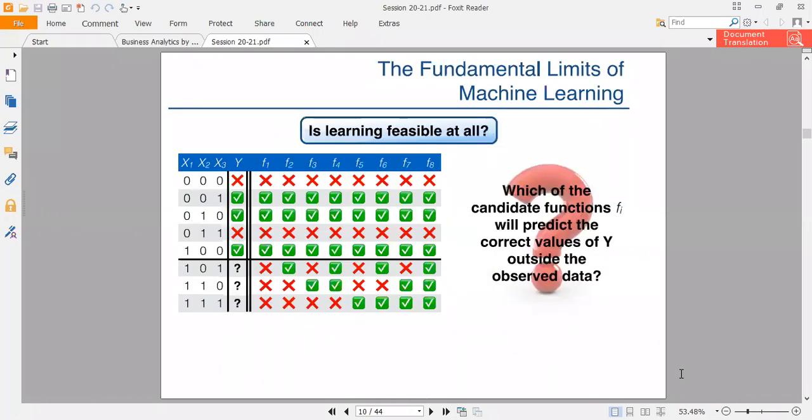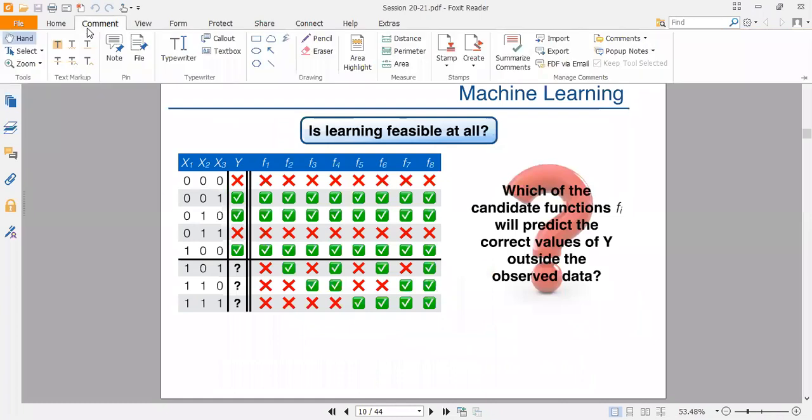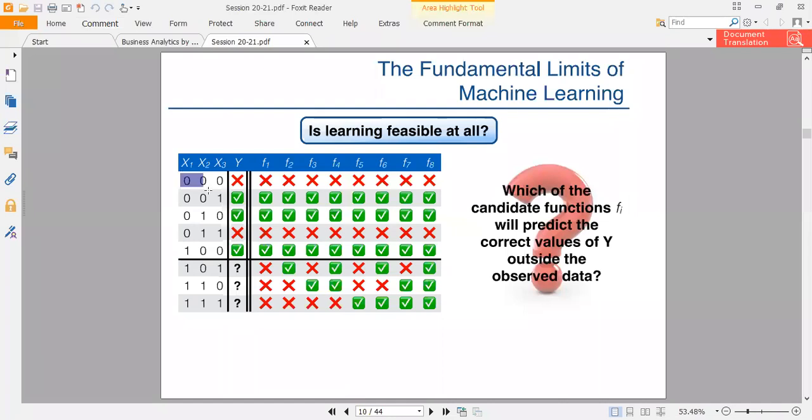So now let's see how does this learning even happen. So for now, what I want you to do is I want you to just focus on, so let me try the highlighter and see if it works. I want you to focus on only this part for now. In fact, this part. So think about this.